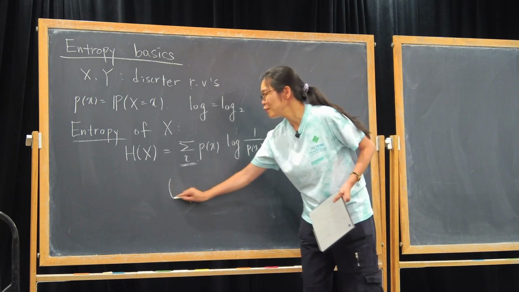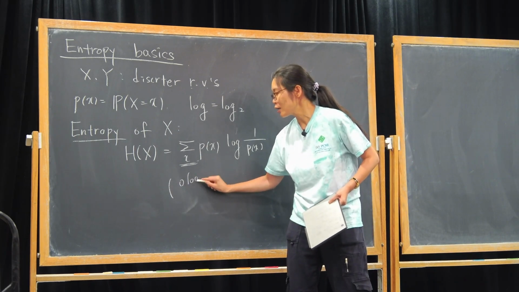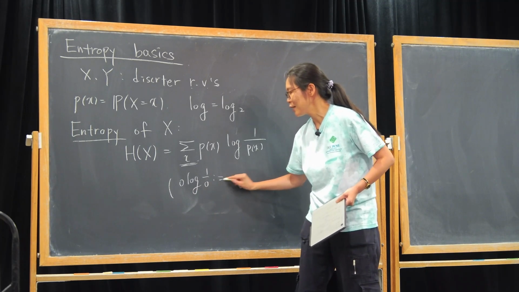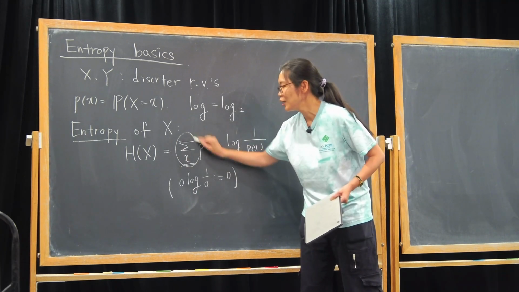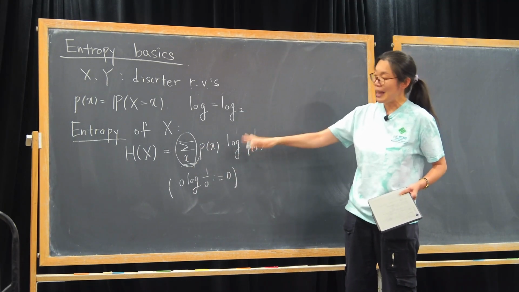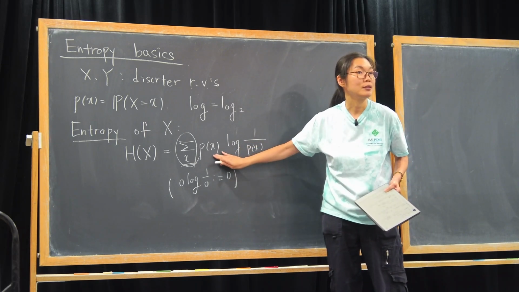And conventionally, we say 0 log 1 over 0 is defined to be 0. But in this sum, we only consider the values of x where P(x) is not 0.